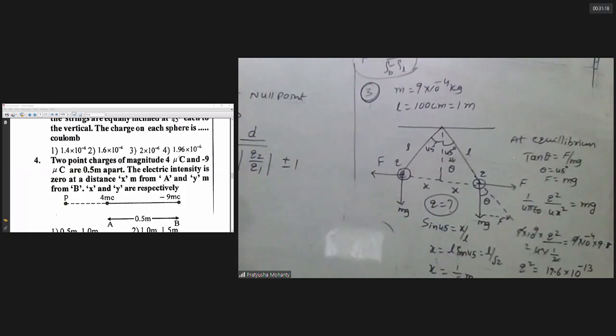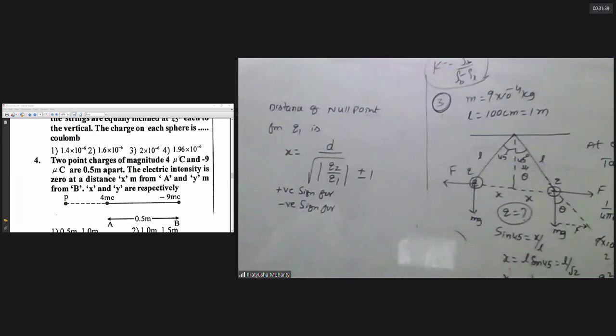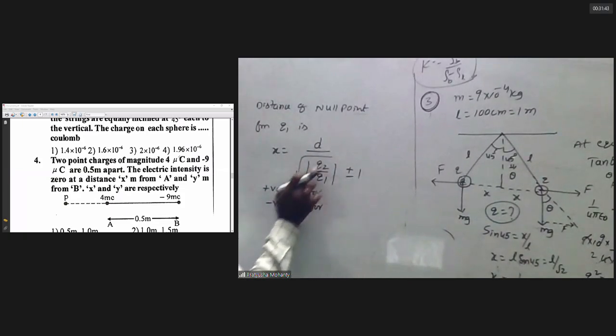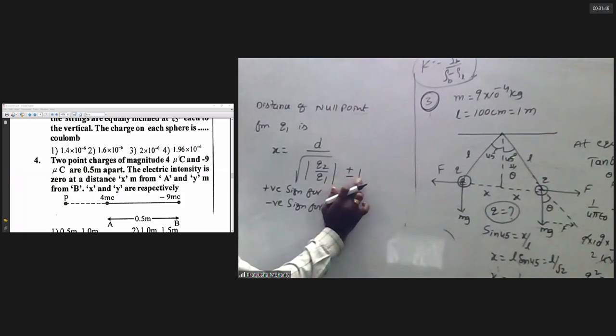x equals d upon root of modulus Q2 by Q1 plus or minus 1.